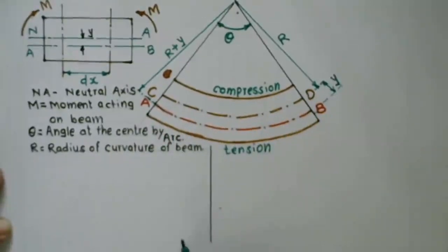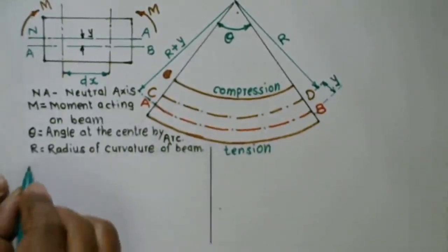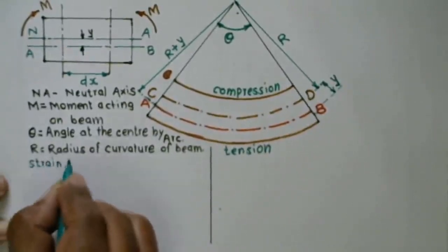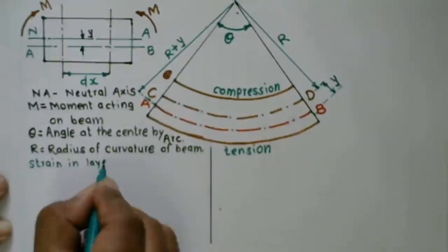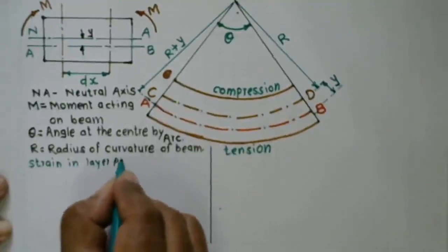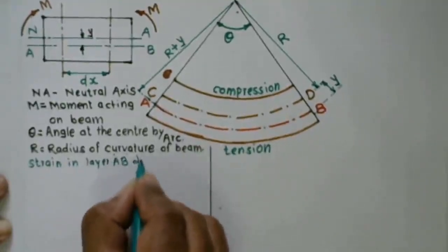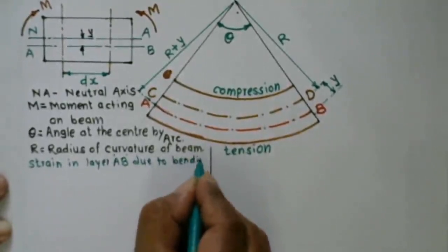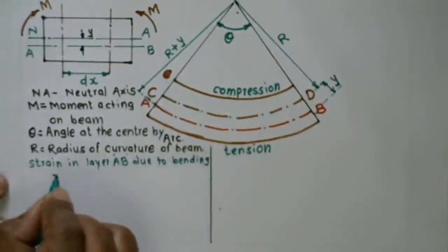So here we will see the strain in layer AB due to the bending. Strain means change in dimension upon original dimension.